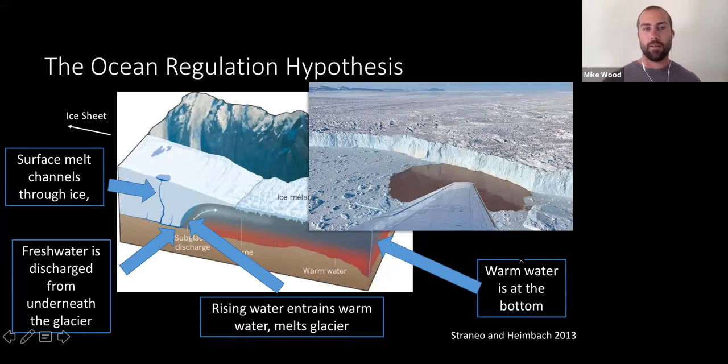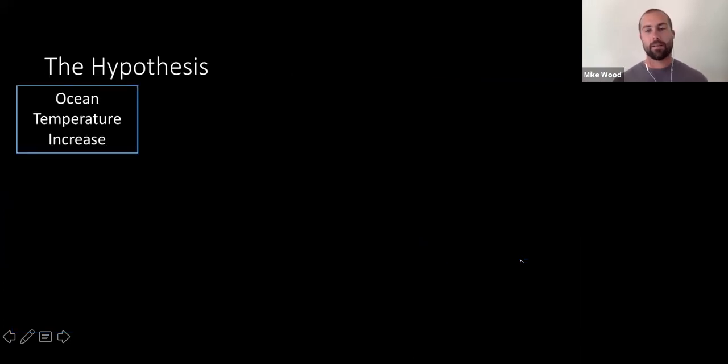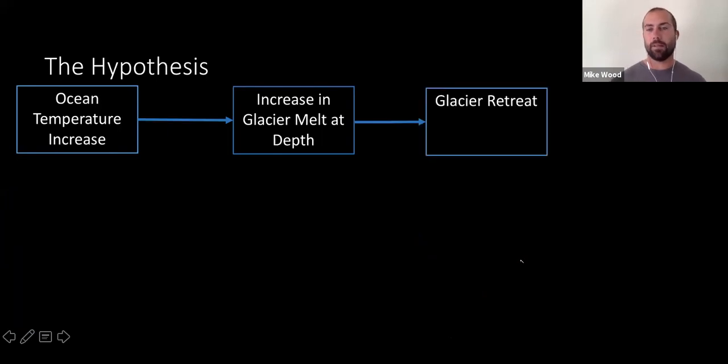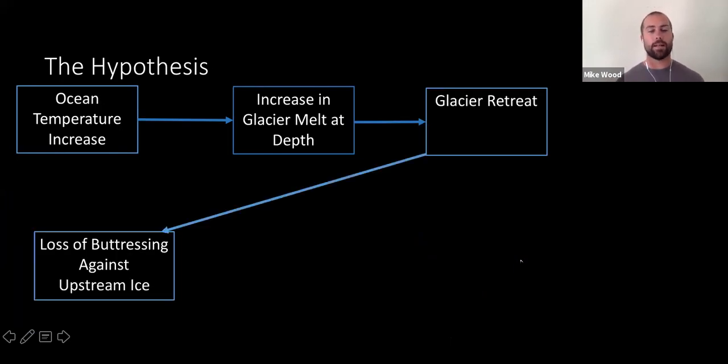So putting this all together, the hypothesis goes something like this. You have an increase in ocean temperature that causes an increase in the glacier melt at depth, and that causes the glaciers to retreat. And once the glaciers are retreating, they're losing ice from their grounding line, which is buttressing ice upstream behind it.